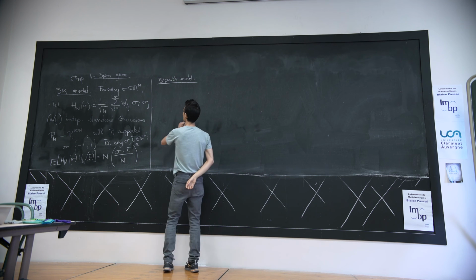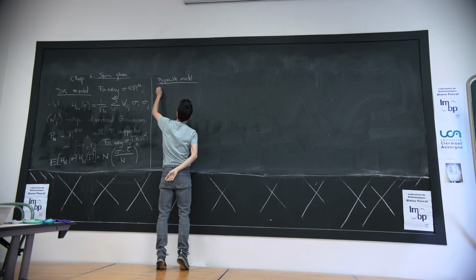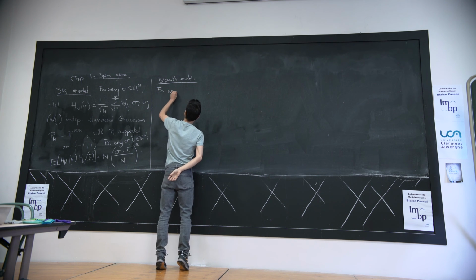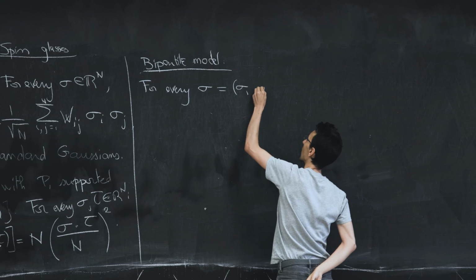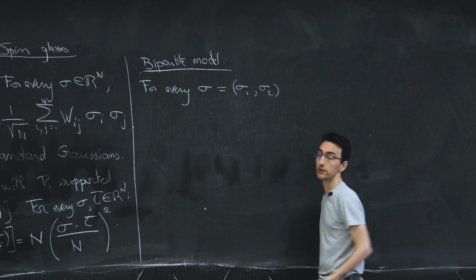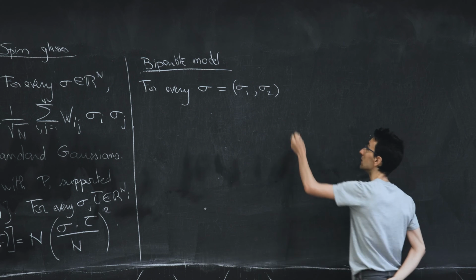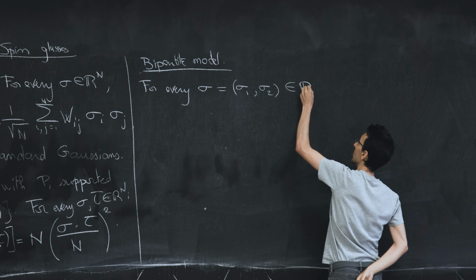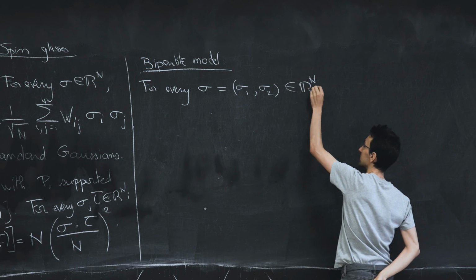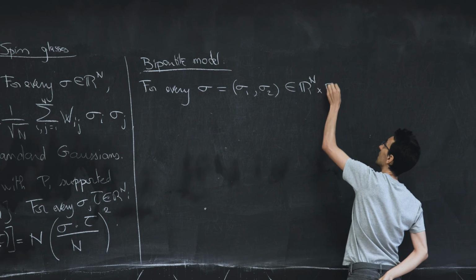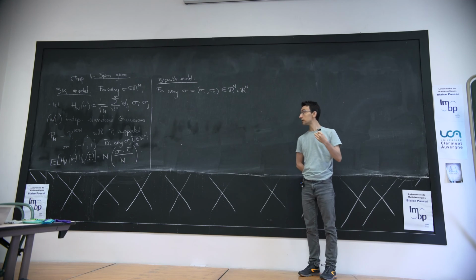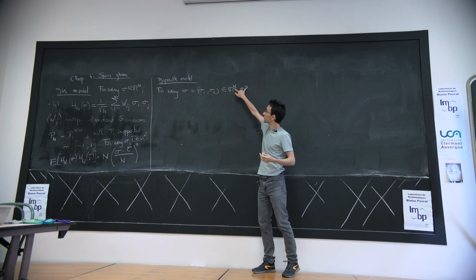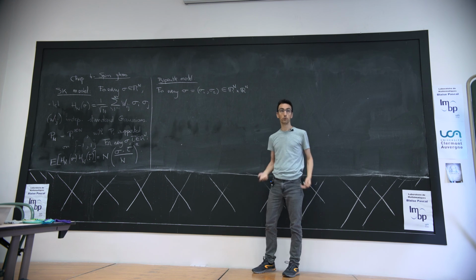So for the bipartite model, we think of the sigma as being split into two parts, sigma^1 and sigma^2. Each of the parts I think of as a vector in R^n. Again, I'm just going to set the two vectors to be of the same length, but you could also imagine that they have different lengths which are proportional to one another, multiples of n.